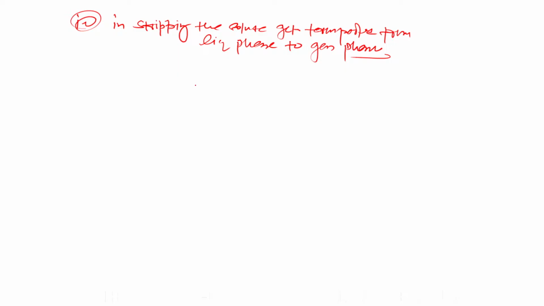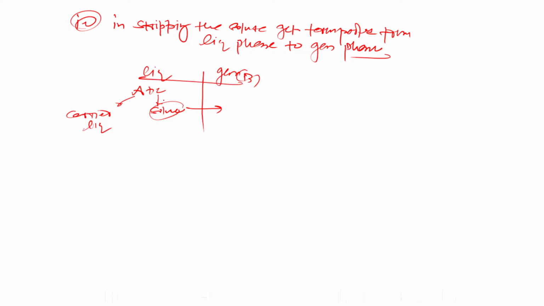Clear? It's very simple here. The liquid phase is there, and the gas phase will be the solvent here. And you have A plus C. This C is the solute which has to be transferred, and this A is the carrier liquid. You want to transfer the solute, and let's say the gas solvent is B. If you want to transport the solute from the liquid phase to the gas phase, this is called stripping or desorption. Any problem?